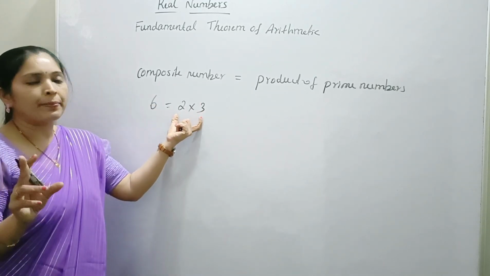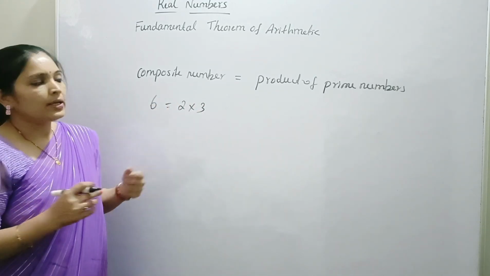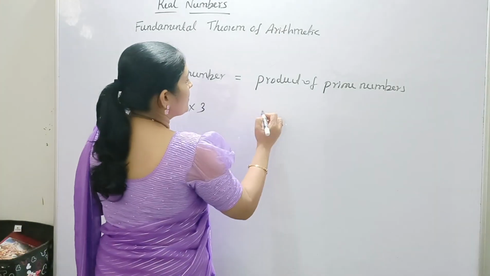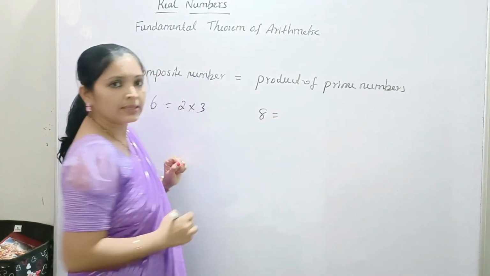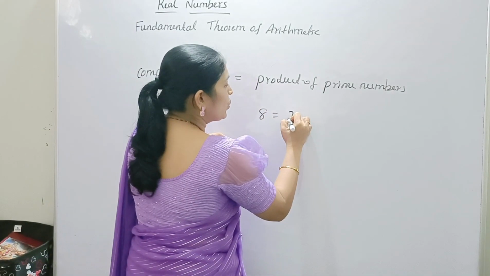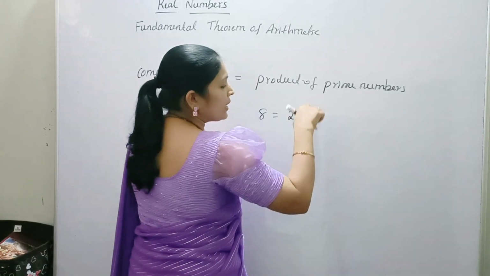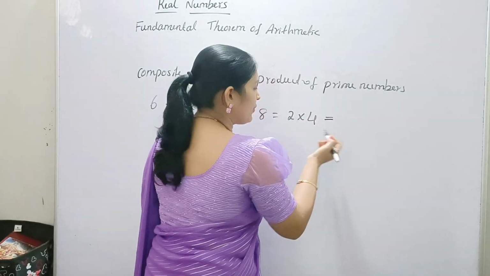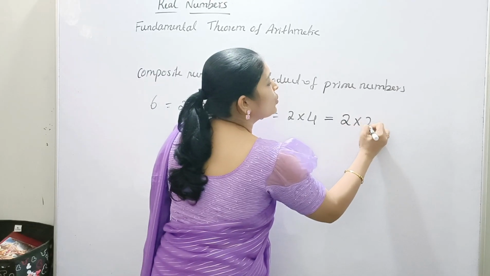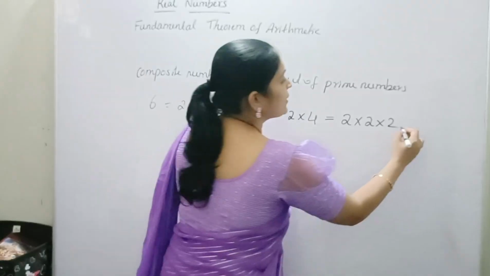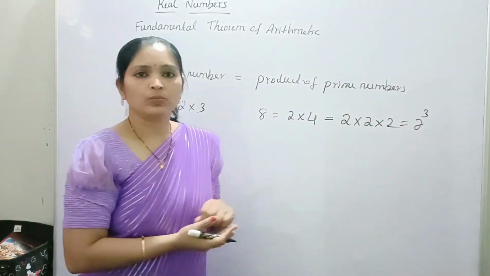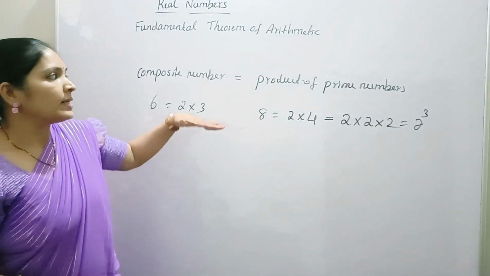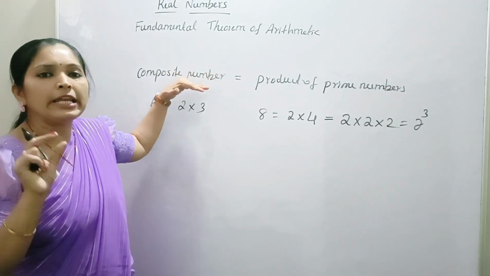Next, one more example, 8. 8 is equal to 2 into 4. Here 4 is not a prime number, so we can write 2 into 2 into 2, that is 2 cube. So this theorem says that any composite number can be expressed as a product of prime numbers.